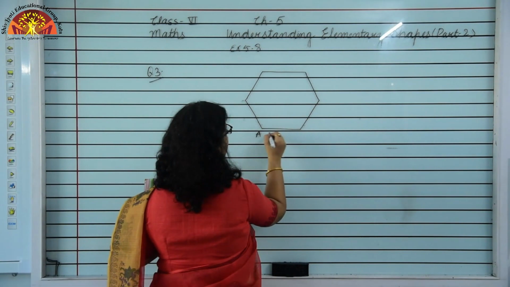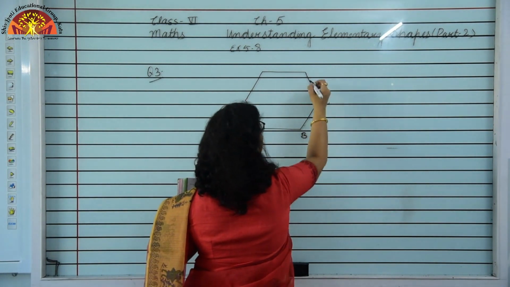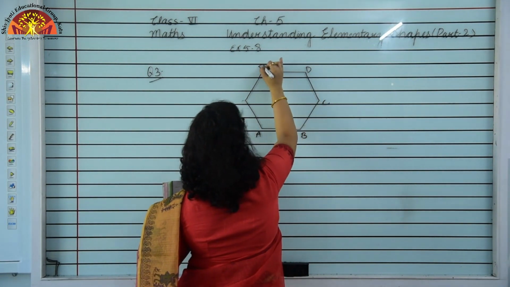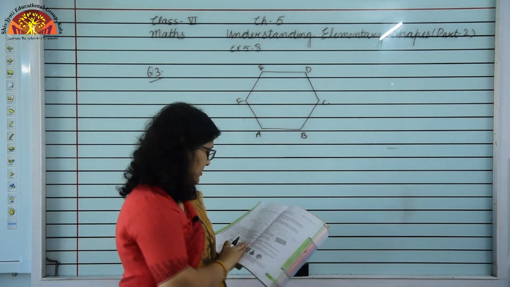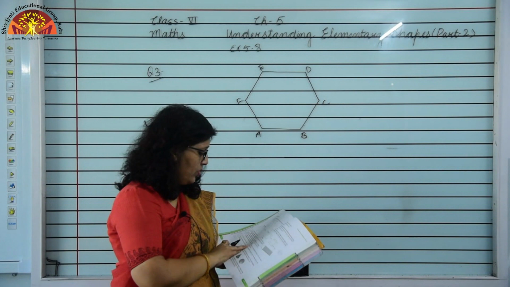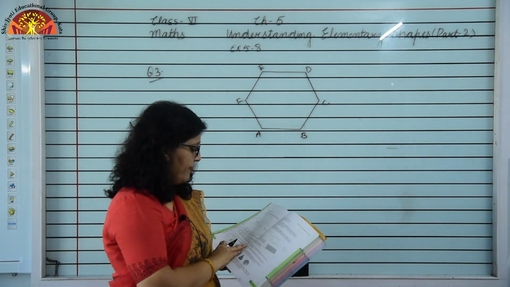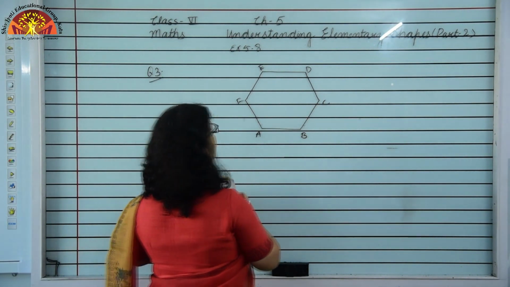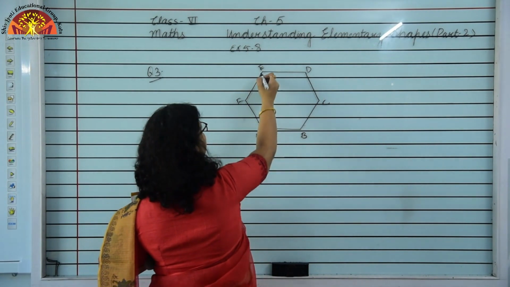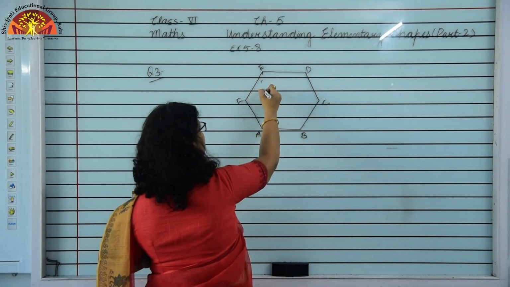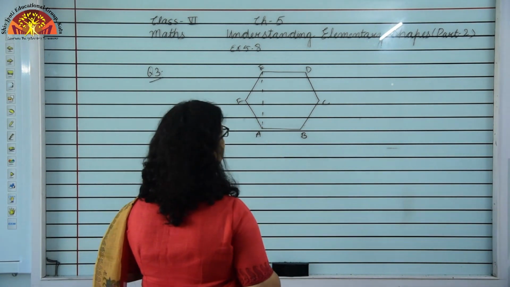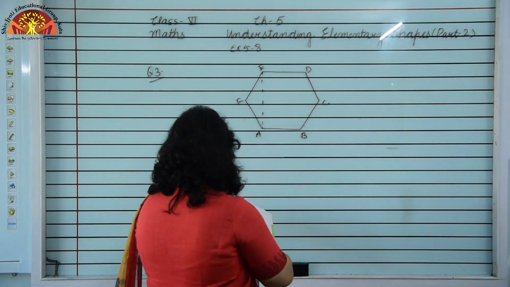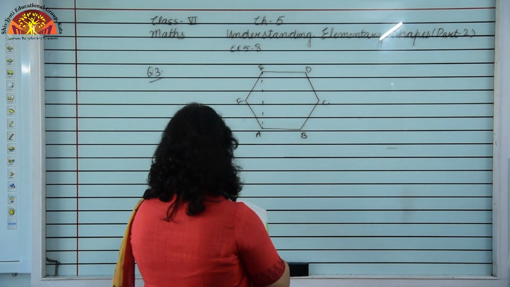This is A, B, C, D, E and F. Now students, in this what we will do, connecting any three of its vertices. आपको इसके कोई भी three vertices को connect करना है. So suppose we connect these vertices. Understood? Now identify the type of triangle.